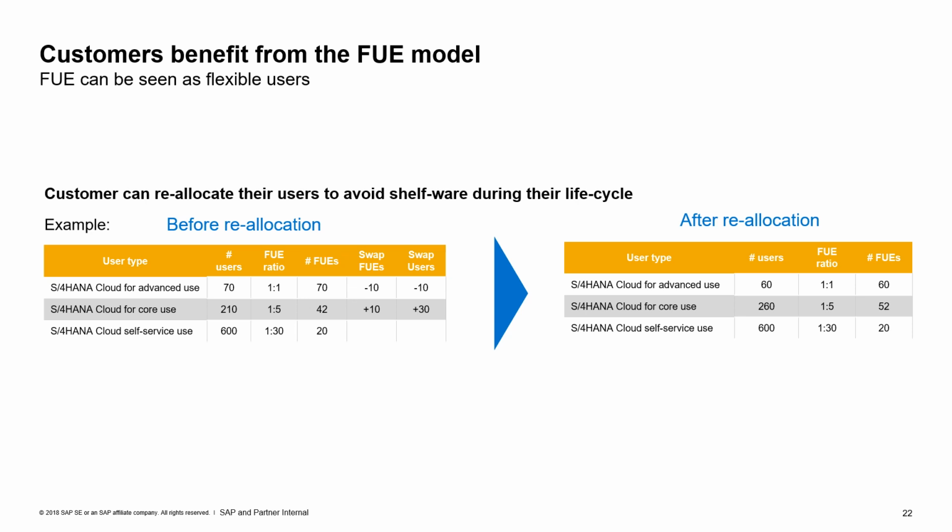So, for example, we have an allocation of how the users have been deployed. And then, based on business changes, we've reallocated those users between advanced, core, and self-service users differently. This is allowed as long as you stay within the maximum number of full user equivalents that has been licensed.